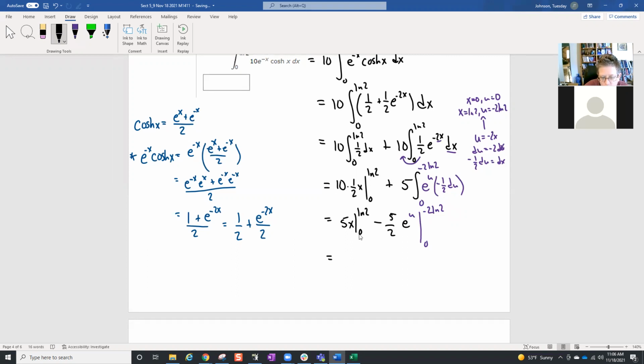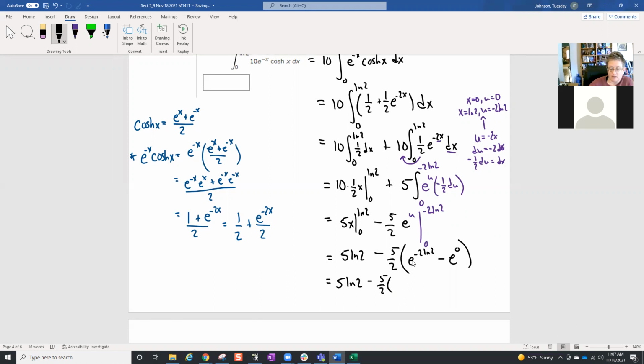So this 5x, when I put in 0, I'm just going to get 0. This is going to be 5 natural log of 2. 5/2 times e to the -2 natural log of 2 minus e to the 0, right? Minus 5/2, and then I evaluate top minus evaluate at the bottom. This is a 5 natural log of 2 minus 5/2.